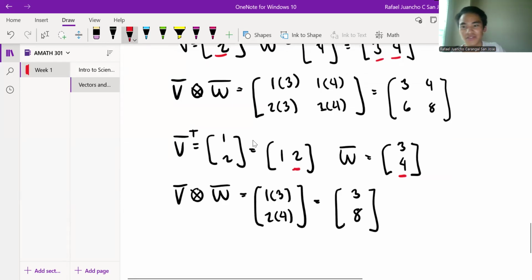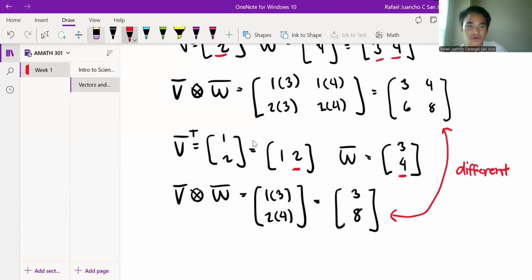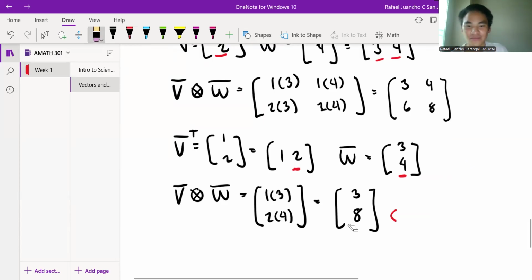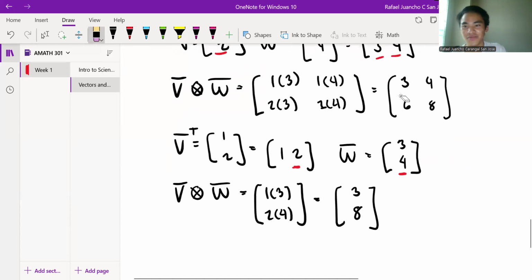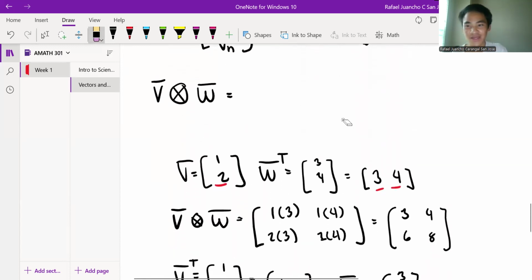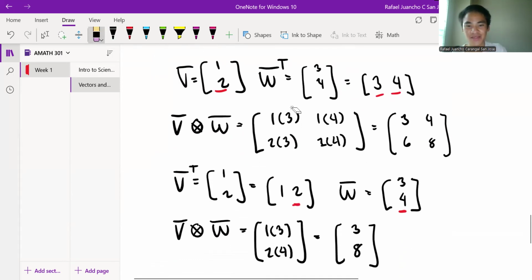You see how the difference is? Those are different. So ordering matters, right? If we transpose V, we got a vector. If we transpose W, what do we get? We got a matrix.